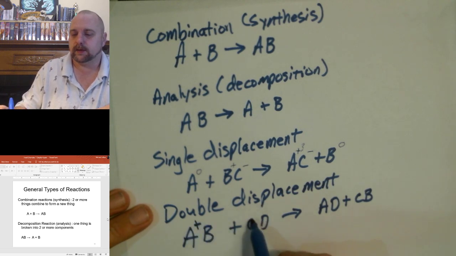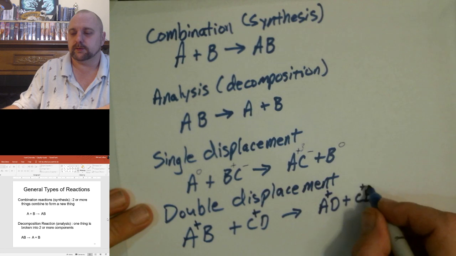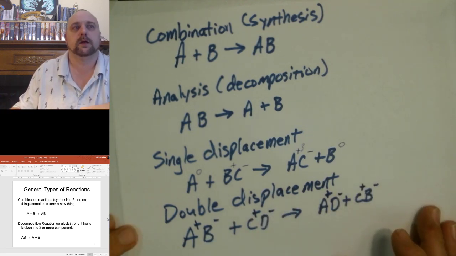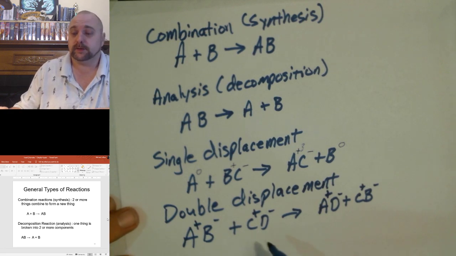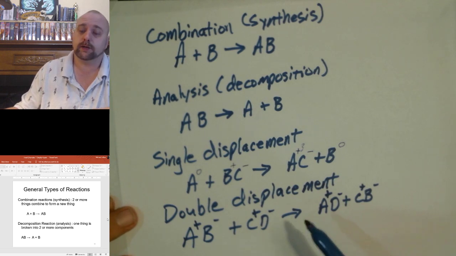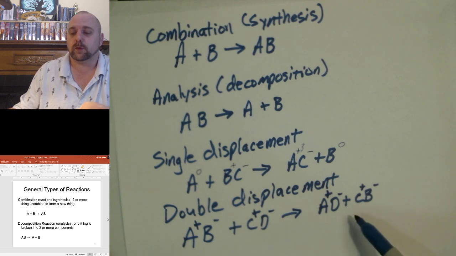A and C have positive charges, and B and D have negative charges. What's nice about this is whatever the charge A has on the left-hand side, it'll have the same charge on the right-hand side. Whatever charge B has, it'll have that same charge. All we did was swap partners.